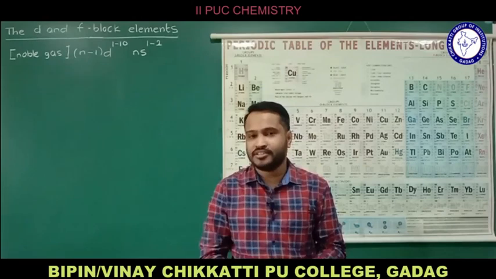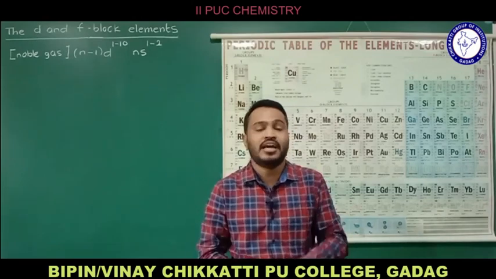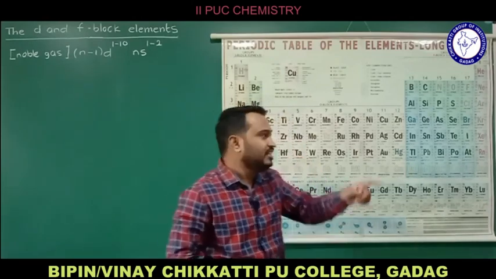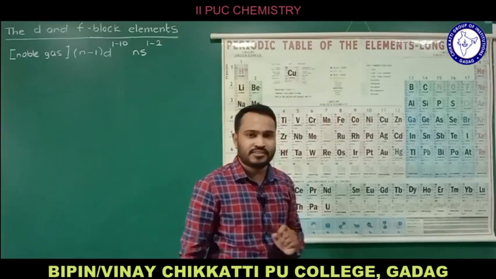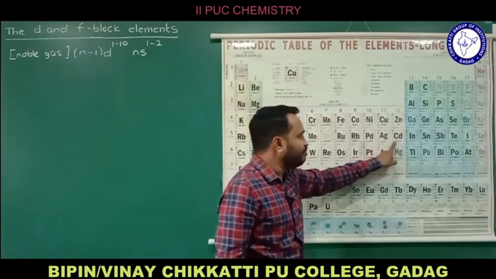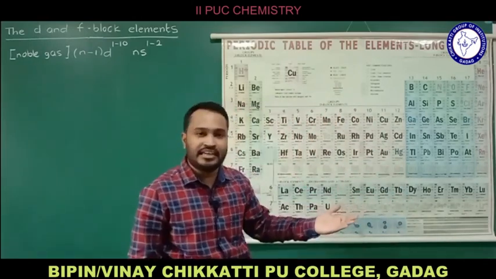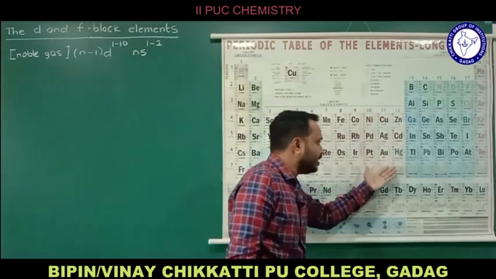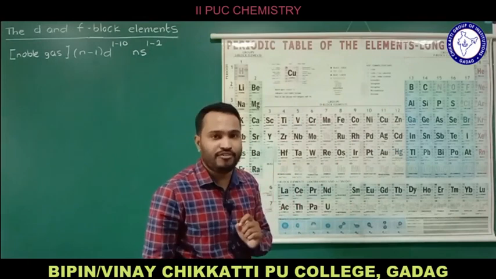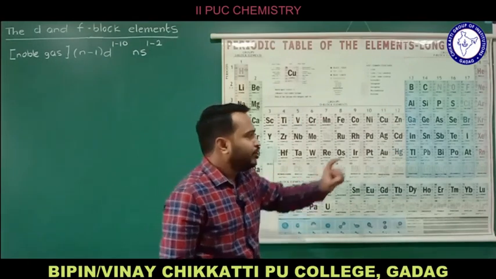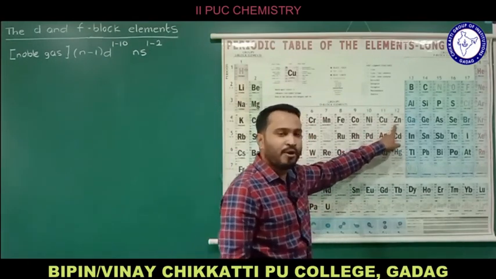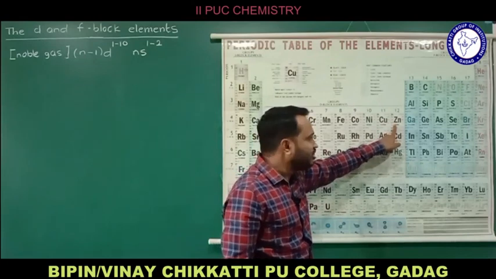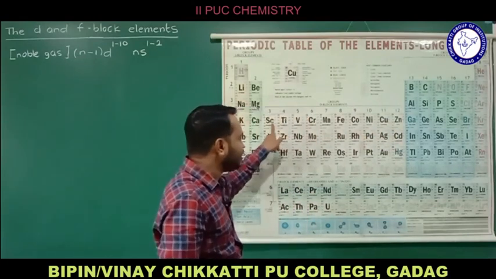Then the question arises: if they are not d block elements, why have we placed them in the d block, isn't it? Zinc, cadmium and mercury are not considered d block elements, even though we have placed them in the d block list itself. The reason is that some properties of zinc are almost similar to those of the remaining transition elements.